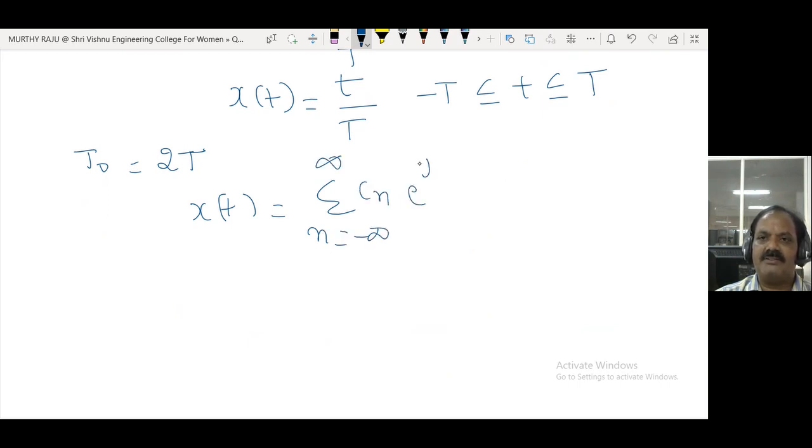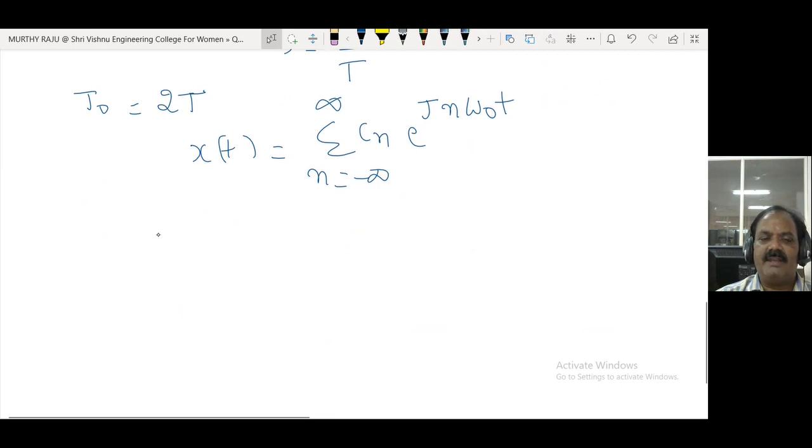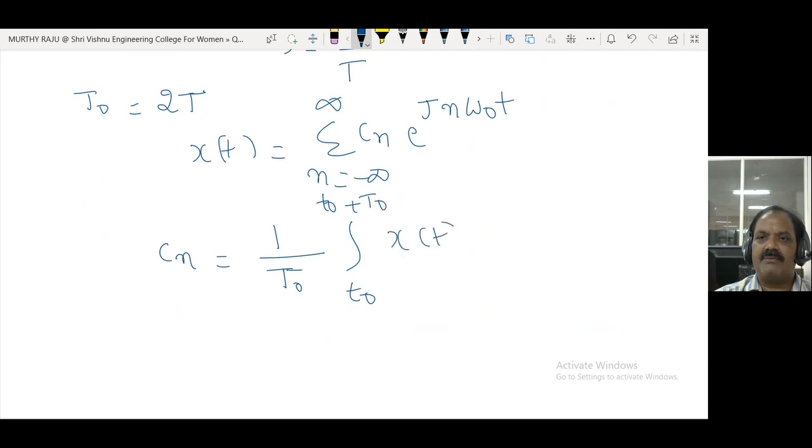Cn e power j n omega naught t, where Cn is the complex exponential Fourier series coefficient. We know that Cn is equal to 1 by the time period of the waveform T naught, times the integral from small t naught to small t naught plus capital T naught of x of t e power minus j n omega naught t.